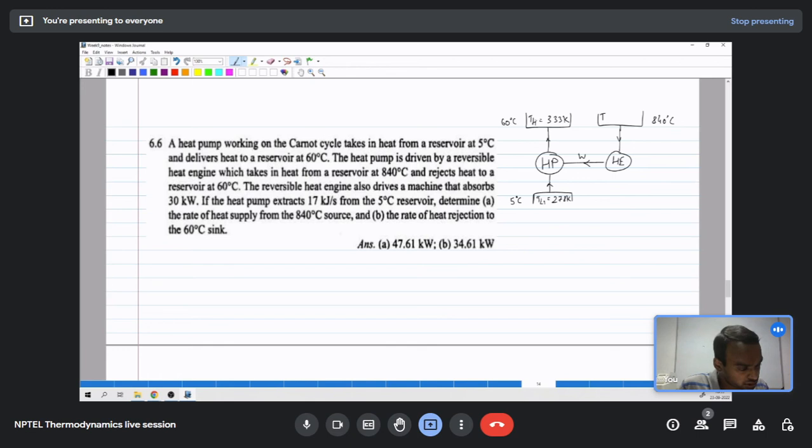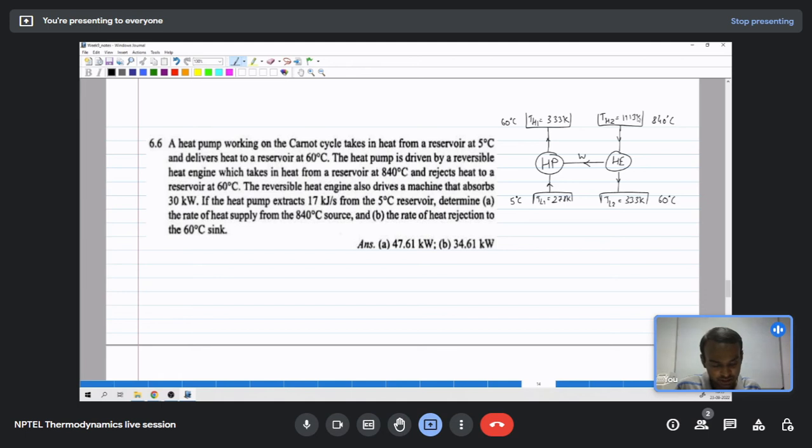I represent this by TH2, and for the heat pump I have TH1 and TL1 as the reservoir temperatures. So the low temperature reservoir for the heat engine is TL2, which is at 60 degrees Celsius, and that is 333 Kelvin. So TH2 is 1113 Kelvin.